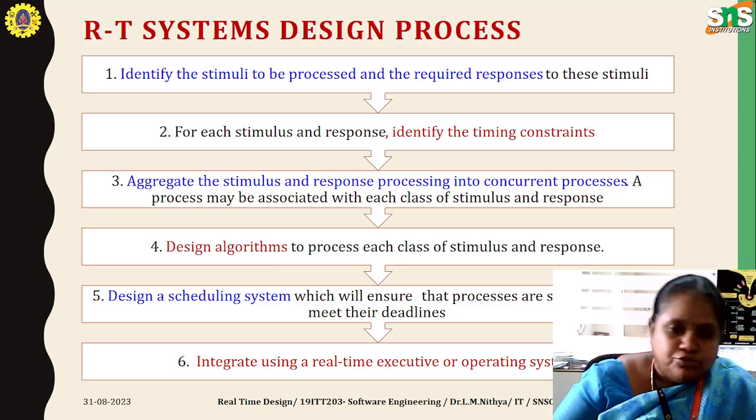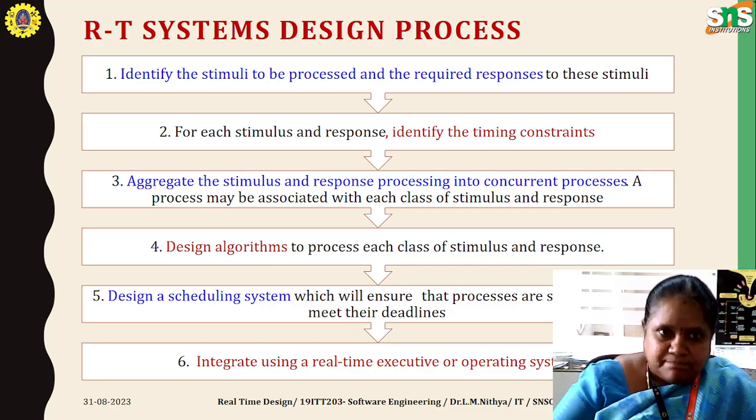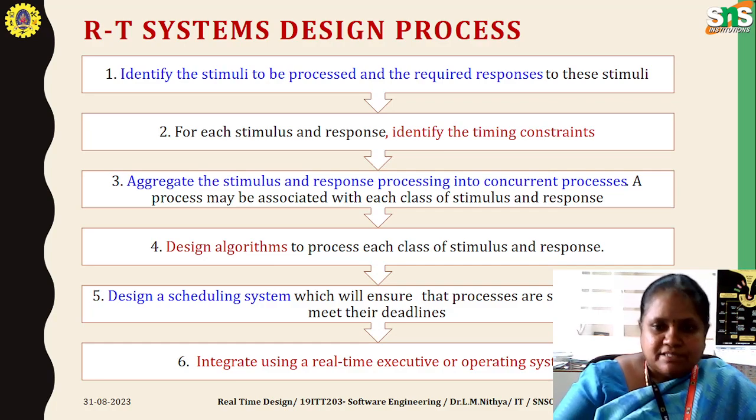Scheduling will help you decide which process is to be done first, which one next, and what time is needed for each process. Last, integrate using a real-time executive or real-time operating system. These are the 6 steps of the real-time system design process.